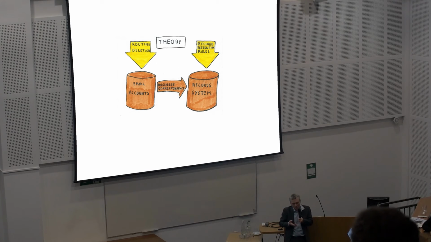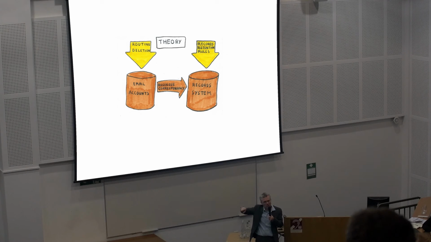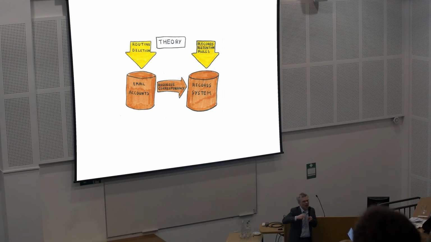And the people around the table said, well, there aren't any advantages for us, because the problem with email accounts is the personal information problem. When someone leaves, you can't transfer that email account to the next individual because you can't separate the personal information from it, unless you've got an algorithm or a manual process to do so.